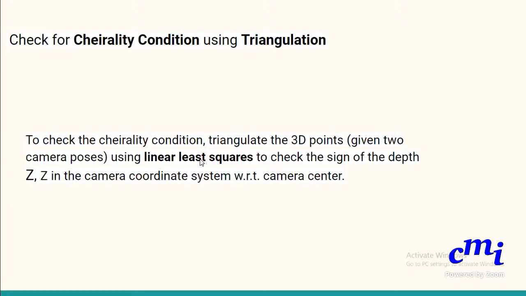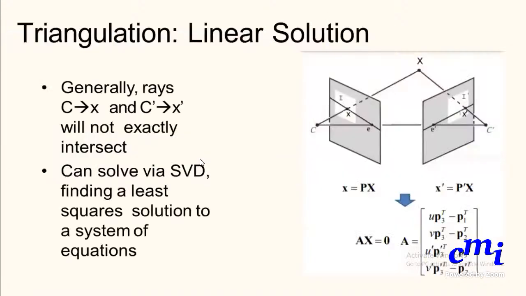So how do you do this triangulation? We have estimated P. We have also estimated P dash. We know the R and T, so we know the P dash also. So we have both equations with us, and you need to estimate X. We have the point of interest X and X dash in the right and left image.